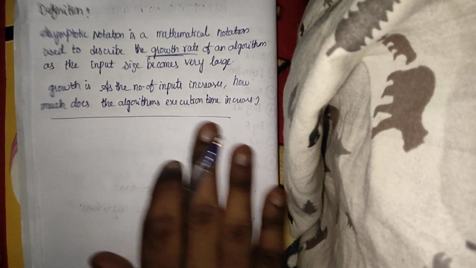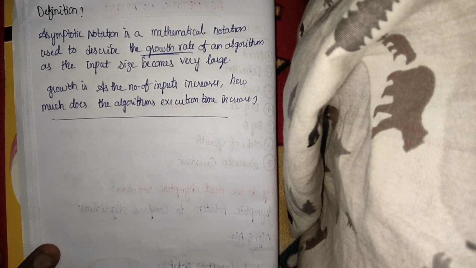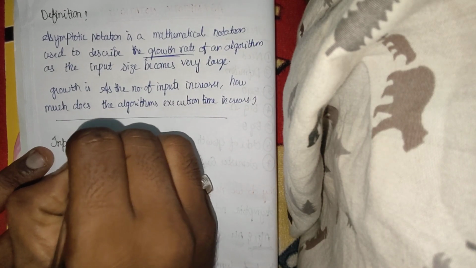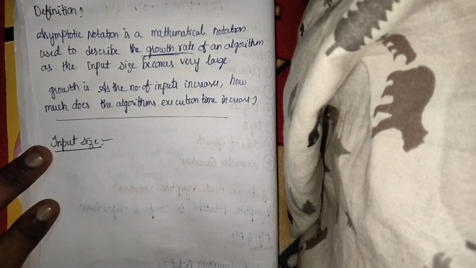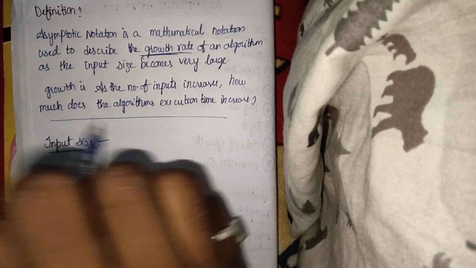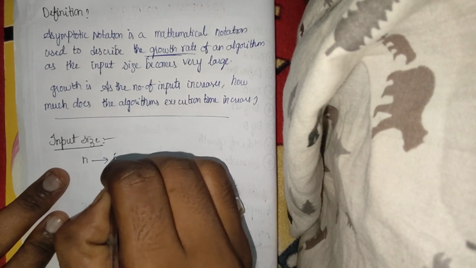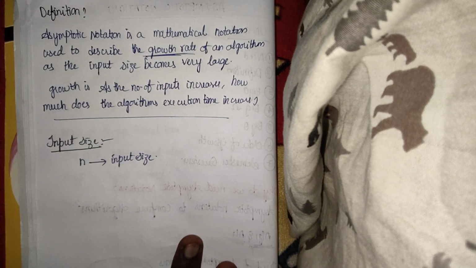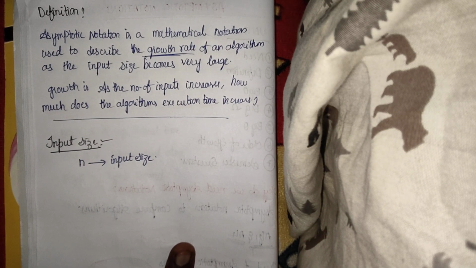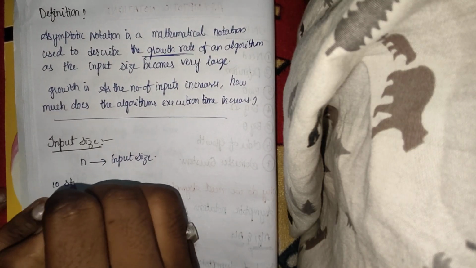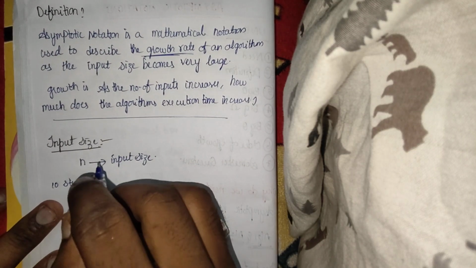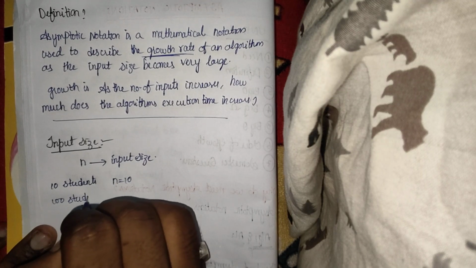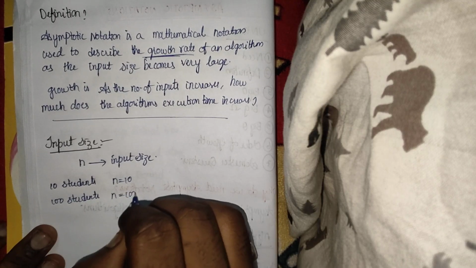So now coming to the input size. What is an input size? Here n means input size. Suppose there are 10 students, so n equals 10. Assume 100 students, n equals 100.